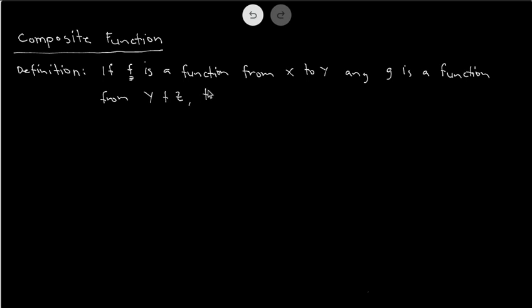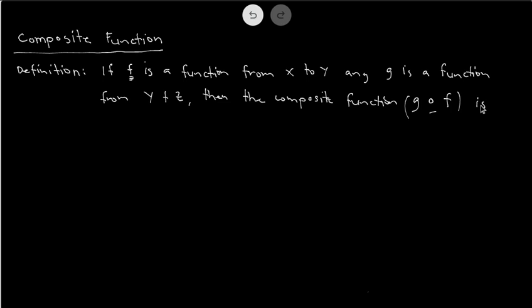Then, the composite G composed F. Yan. Ito, composed. Composed ang tawag dyan. So, then the composite function G composed F. Parenthesis natin.